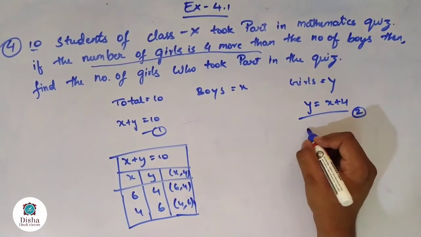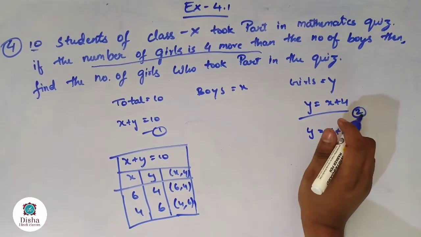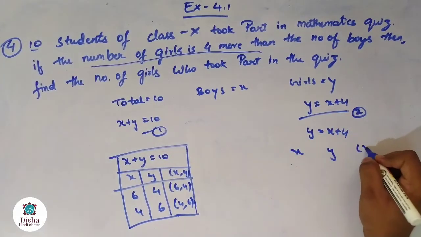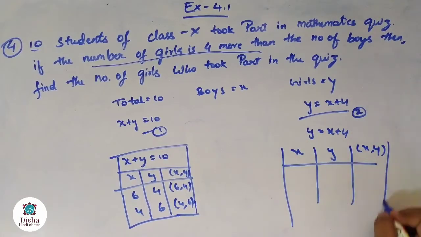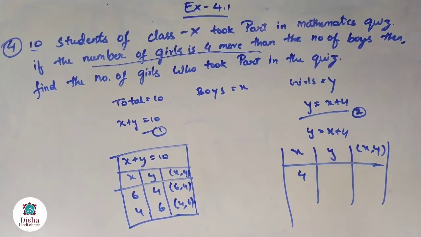Next we have Y equals to X plus 4. Y equals to X plus 4, right? So here we have X, Y, X comma Y. So now let us take the X as 4. So Y will be equals to 4 plus 4.